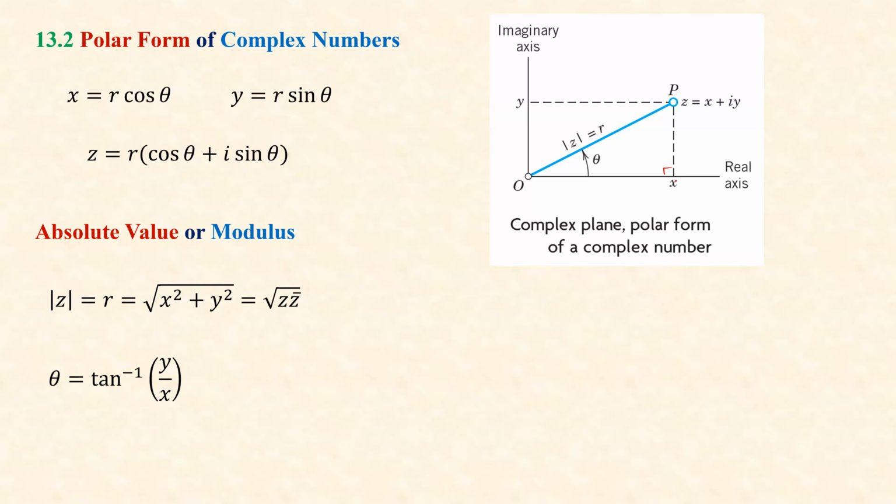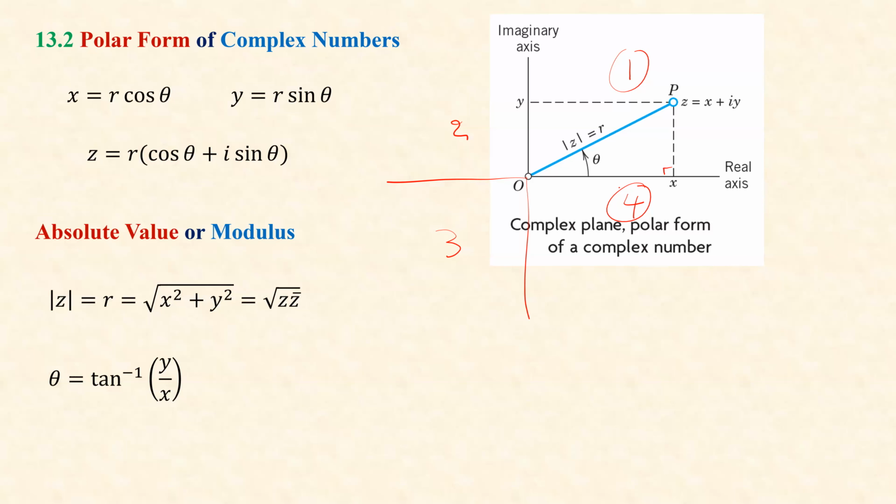But this is not quite complete because it never gives you theta in the second or third quadrant. It only gives you the first quadrant and fourth quadrant, because tan inverse only has values between negative 90 degrees and 90 degrees, or negative pi over 2 to pi over 2.